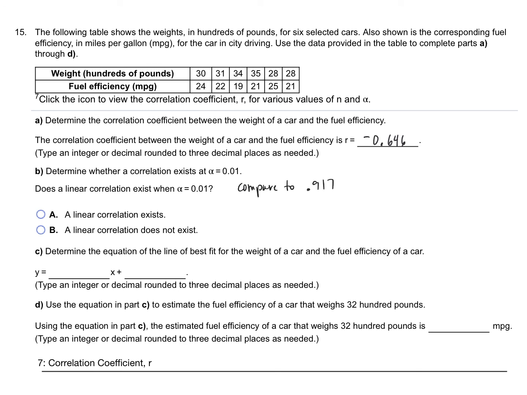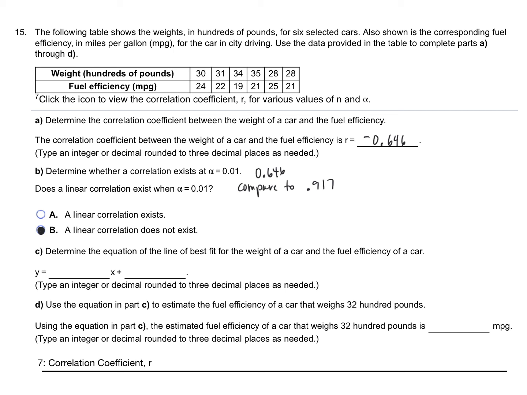And remember, we're comparing the absolute value of our R. So we're comparing 0.646 to 0.917. Our number is smaller than 0.917. So we can say a linear correlation does not exist. Remember, the R has to be greater than that number in order to say a correlation does exist.